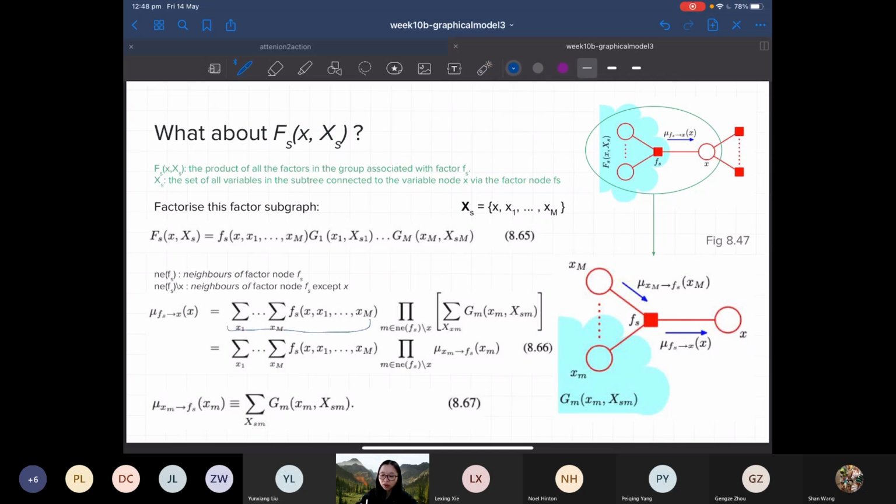We're multiplying the previous messages, the messages from these nodes that go into this factor. We first multiply them together using this operation, and then we multiply the whole thing with the factor term itself.